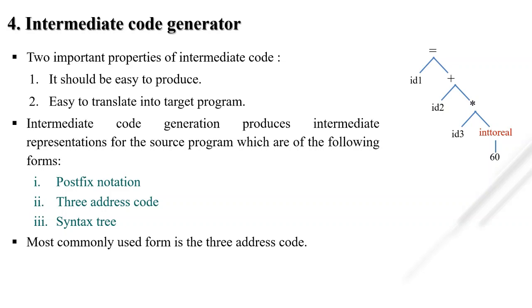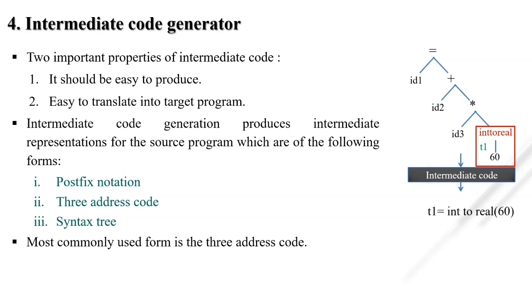So the intermediate code becomes, first we store by converting 60 into real in variable temporary 1. Then this 60 is multiplied by id3. So T2 equal to id3 into T1, because T1 has the number 60.